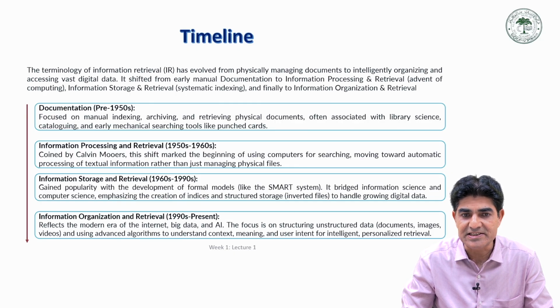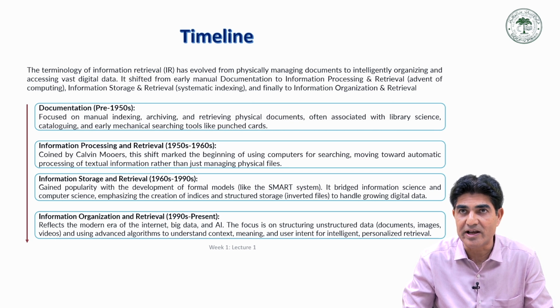Then during the 1960s to 1990s, a new concept emerged which is known as information storage and retrieval. This concept gained popularity with the development of formal models of information retrieval systems, particularly in different disciplines, and they are called discipline-oriented information storage and retrieval systems.